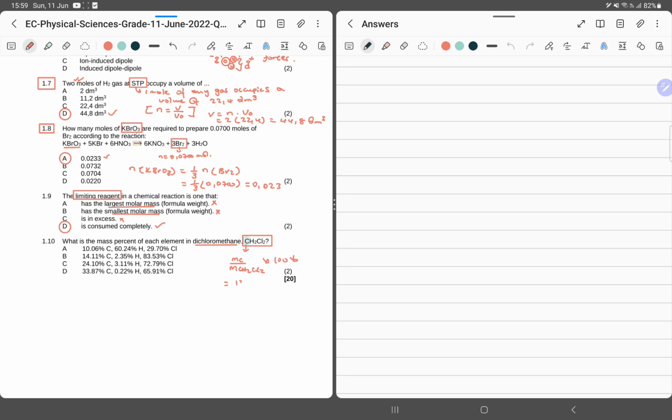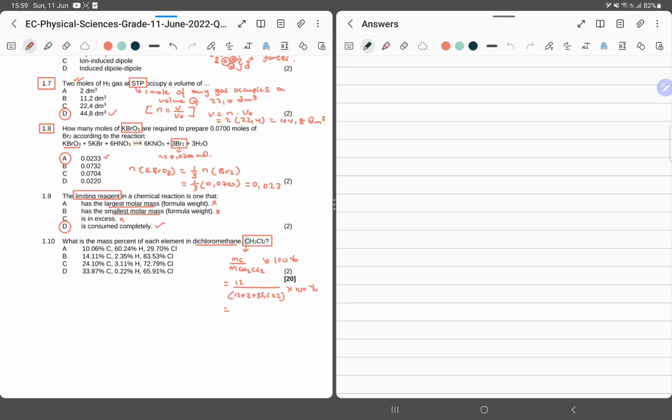The mass of carbon is 12 over the mass of this thing. Okay, it's a bit complicated. So this is going to be 12 plus 2 for the hydrogens plus 35.5 times 2 for the chlorine. Then we multiply that by 100%. So let's see, what is that?